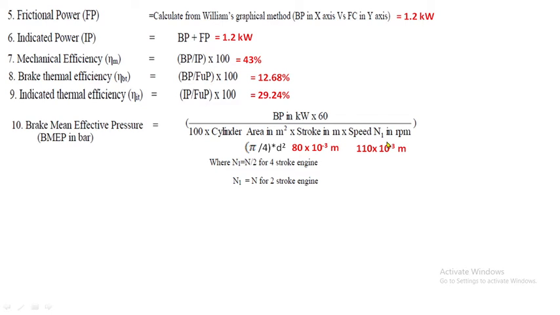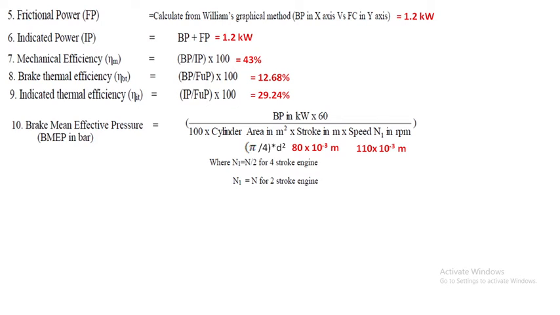Then speed N in RPM. In case of a 4-stroke engine, we have to take it as N by 2. Why? In 2 revolutions only we can produce one indicated power or brake power, because in 2 revolutions we have one combustion process. In case of a 2-stroke engine, in a single revolution I can produce one power stroke, one combustion process.